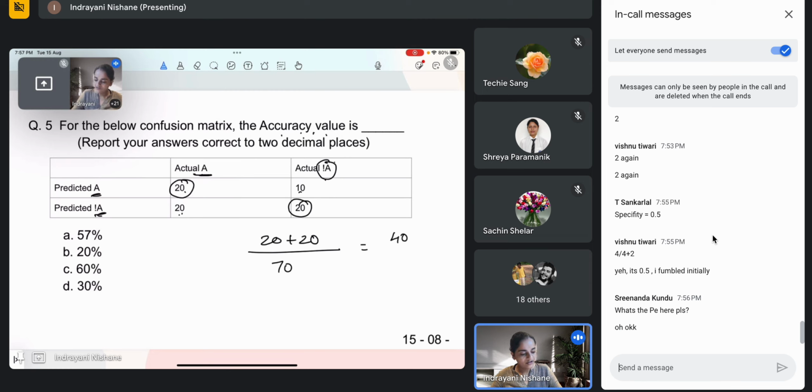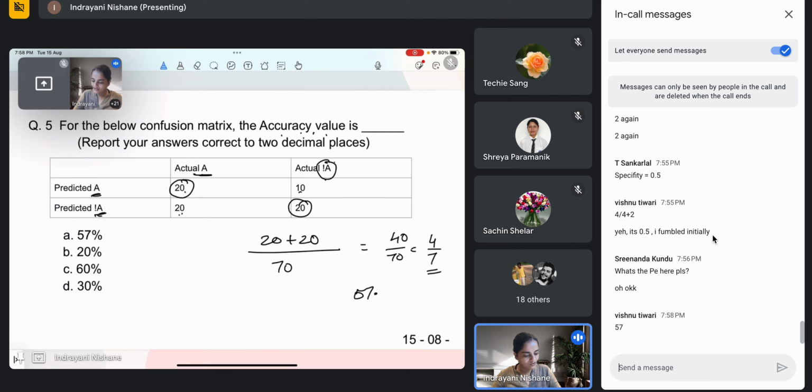So 40 by 70, which is 4 by 7, roughly 57.1 something. So percent-wise it is roughly 57%.